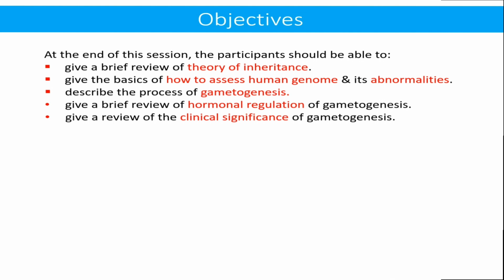The first session comprises the general features of gametogenesis, and the participant at the end of the lecture should be able to give a brief review of the theory of inheritance, give the basics of how to assess the human genome and its abnormalities, describe the process of gametogenesis, give a brief review of hormonal regulation of gametogenesis, and finally give a review of the clinical significance of gametogenesis.